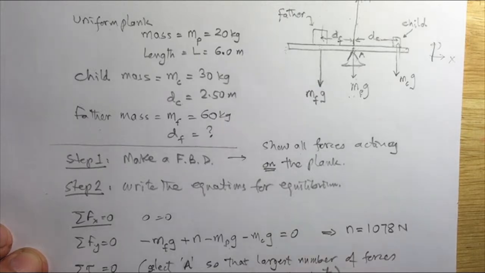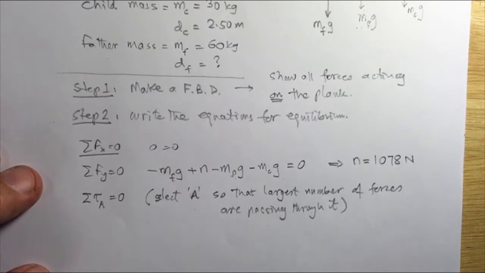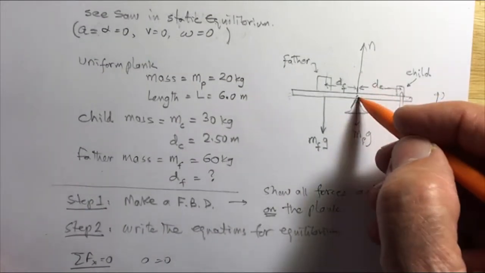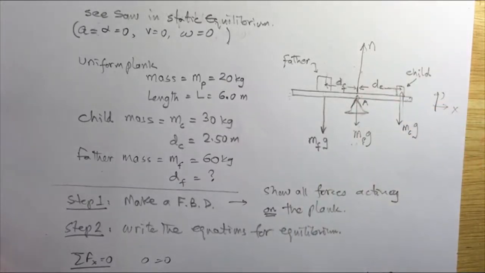That makes the solution somewhat easier if you have more forces passing through that point. So we select this as point A, and now we apply the sum of the torques.